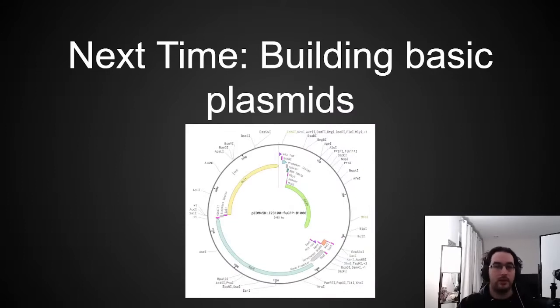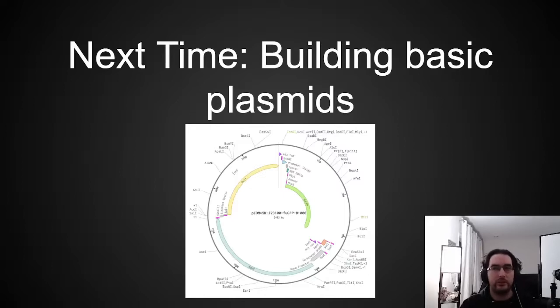Like I said, next time we're going to be going through building plasmids and really getting into, okay, now how do you do the coding? Because in the Who's Genes streams that I've done before, I tended to glaze over a lot of stuff. I'm just working the way that I'm working, doing the research and finding the things and putting the pieces together.